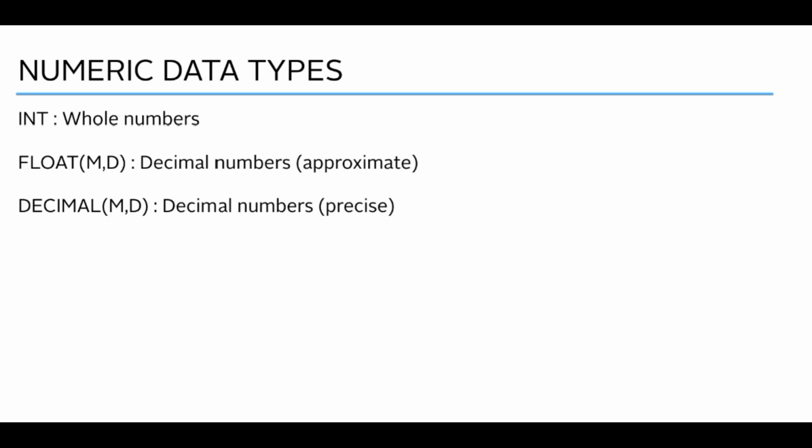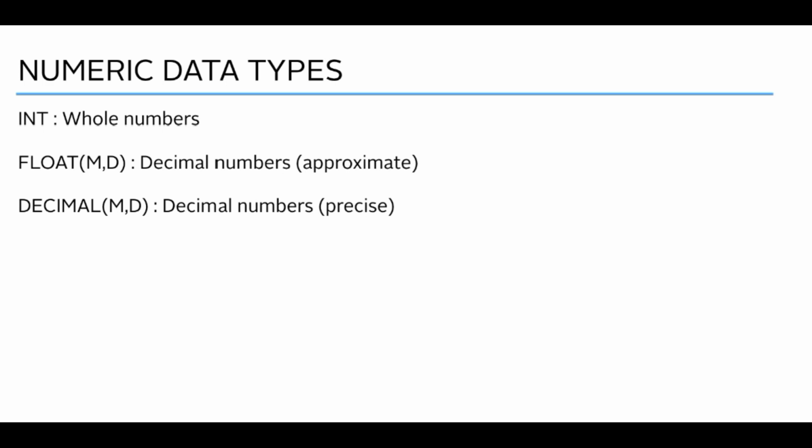So if you want to store 1.78, then it's going to be length 3. So your m here will be 3. And then you also need to define how many numbers go after the decimal point. So for 1.78 you'll need 2. So for 1.78 you can use the data type float 3, 2.